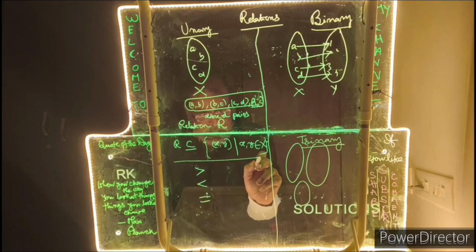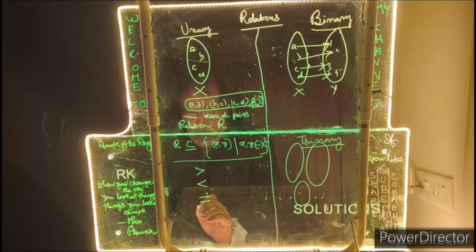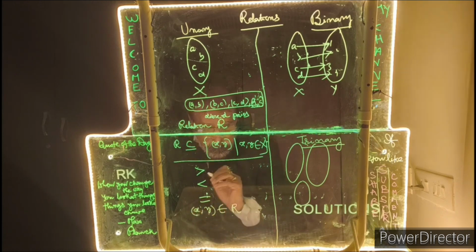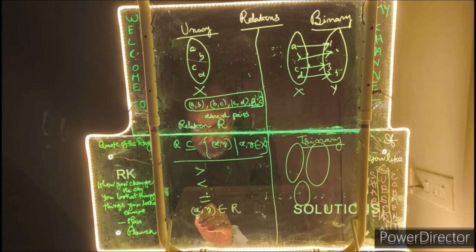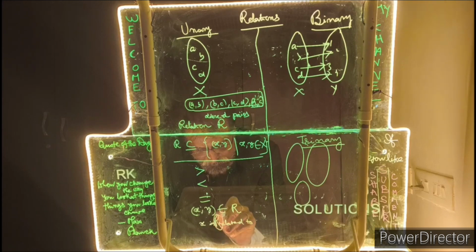this mathematical statement, X, Y belonging to R, should be read as X is R related, meaning this is the R function.